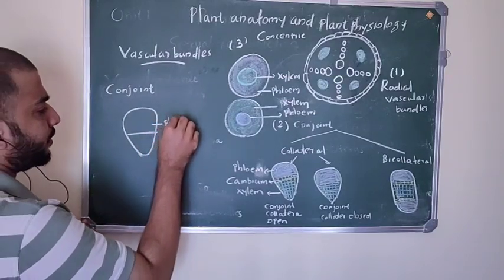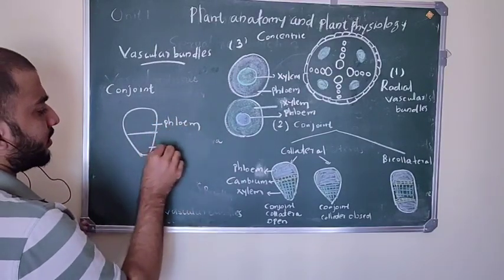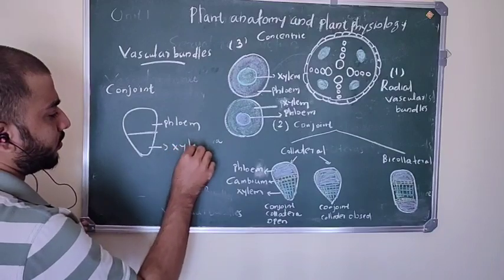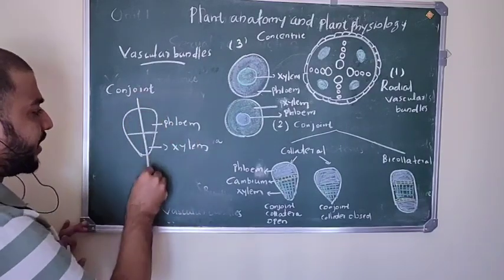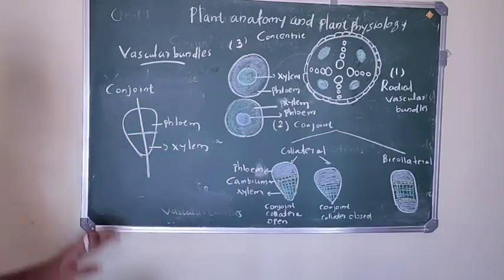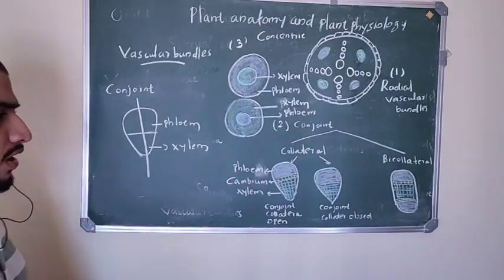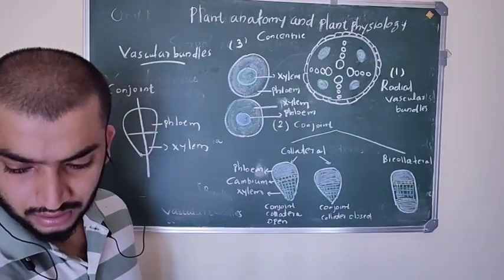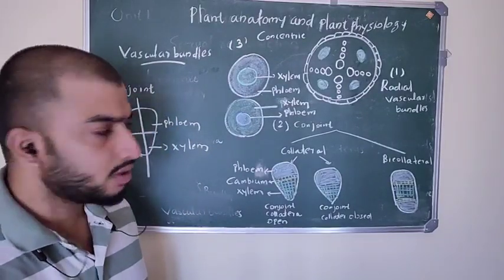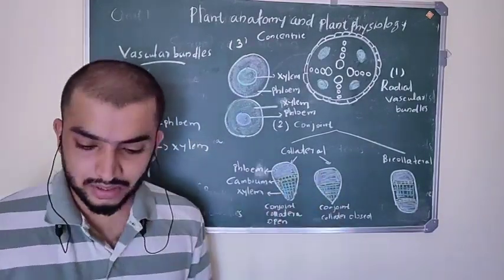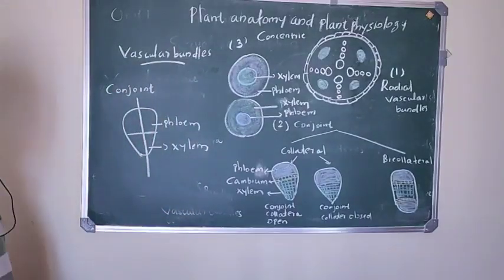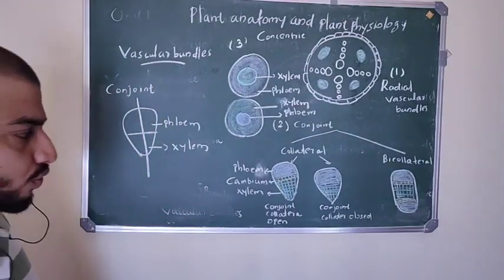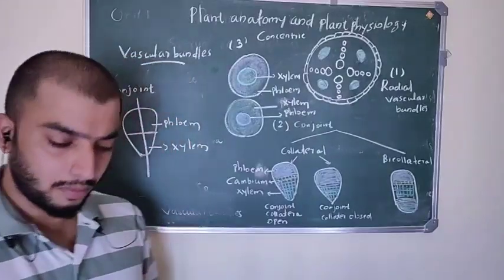This is the phloem tissue and this is the xylem tissue, arranged in the same radius. Conjoined vascular bundles are of two types: collateral vascular bundles and bicollateral vascular bundles. So what is meant by collateral and bicollateral?